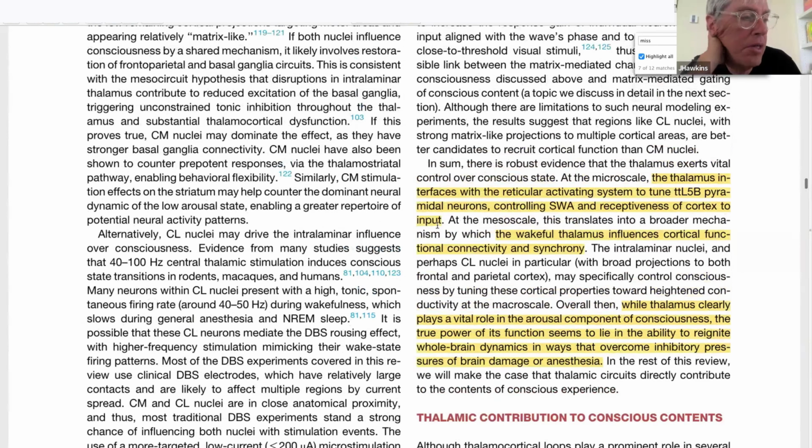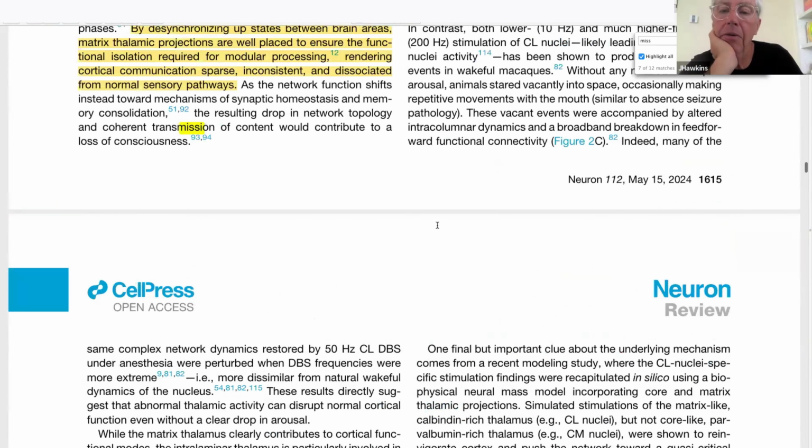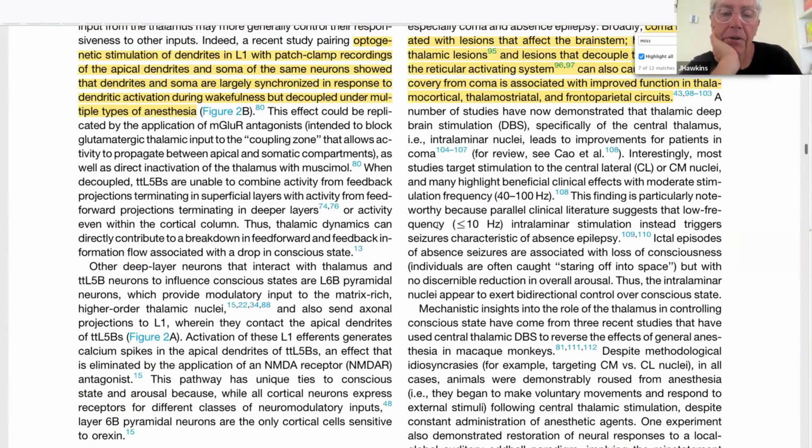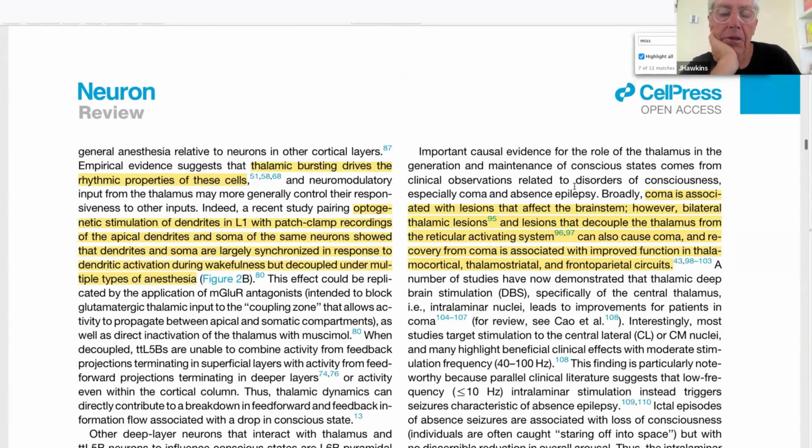Well, when you disable the thalamus, are they disabling all of it? Like both matrix cells and the relay cells? I think other research data said coma is associated with lesions that affect the brainstem. However, bilateral thalamic lesions and lesions that decouple the thalamus from the reticular activation system can also cause coma.